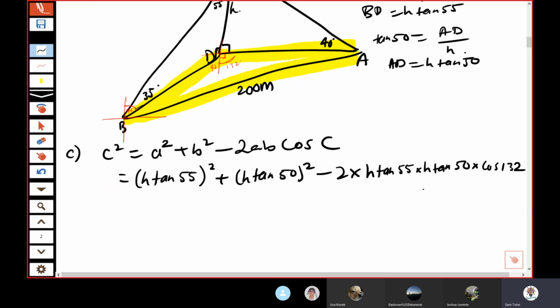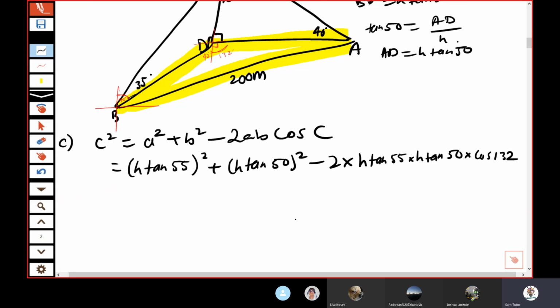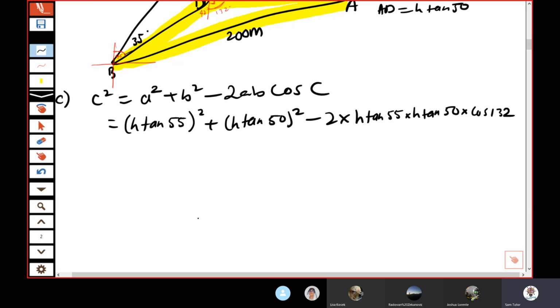Looks long, but don't mix up long with hard. This isn't hard. All you've done is just sub in whatever these were into the right places: a, b, cos C. Just let me know when you've done that. Are you guys comfortable? Anyone have any issues with that?